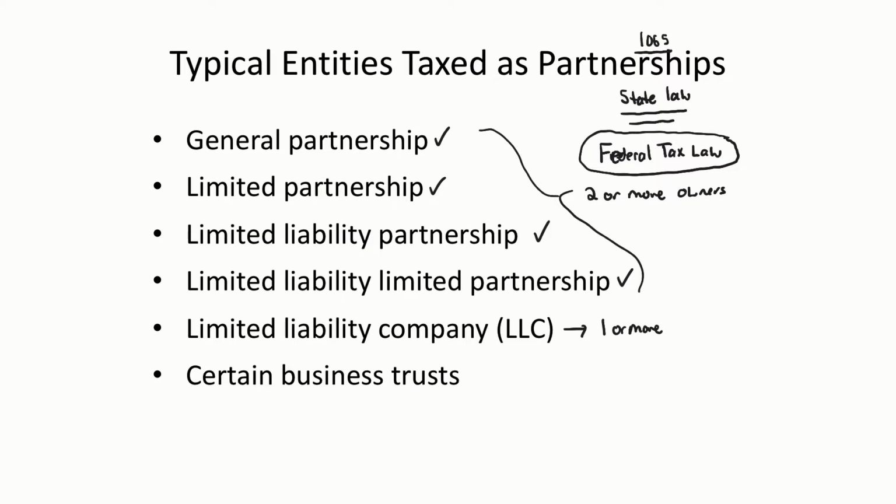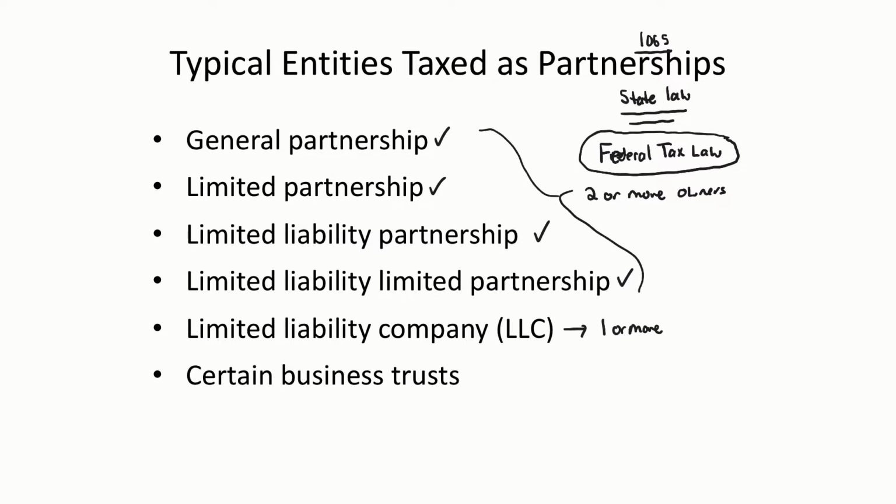Before we move on, some of you might be wondering, what's the difference between a limited liability partnership and a limited liability limited partnership? Well, it all has to do with how the law has evolved. A long time ago, thousands of years ago, we did have business entities. General partnership was one of the first business entities that we had.